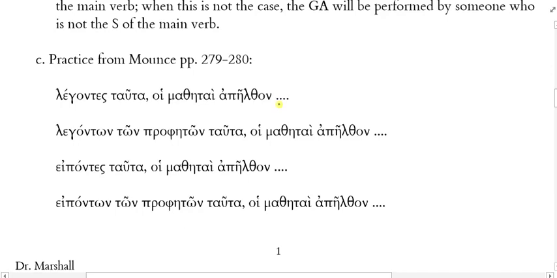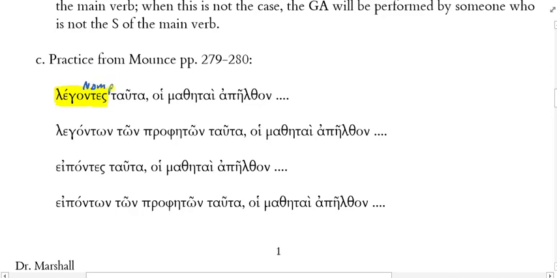Now, what is the participle here in this first sentence? Legontes. So let's go ahead and highlight that. What case, gender, number is that participle? Legontes. Take a good look at it.